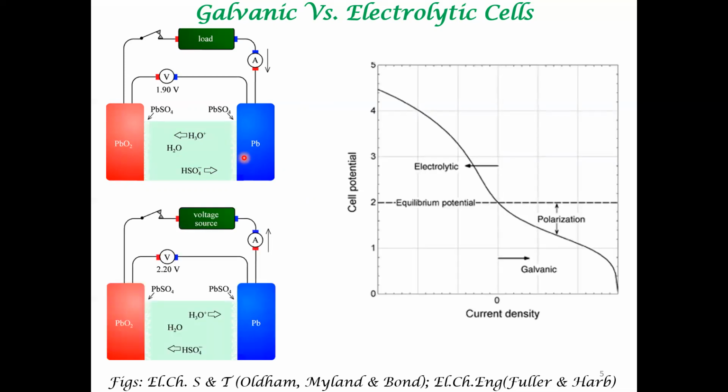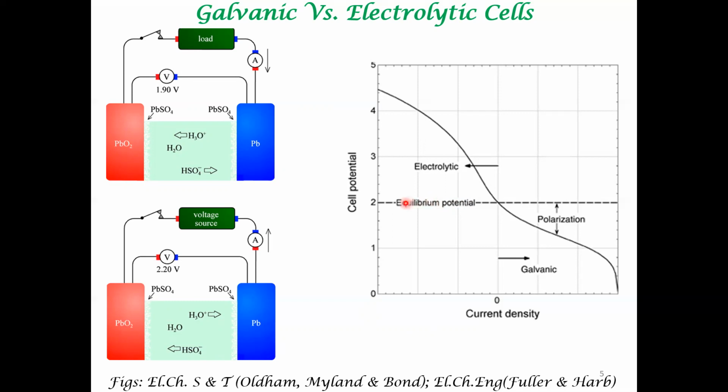So there's one way to differentiate the galvanic and the electrolytic operation. From thermodynamics, we can calculate the equilibrium cell potential. In the case of a lead-acid battery, the equilibrium cell potential is about 2 volts. So in a galvanic operation of this system, the battery is being discharged.